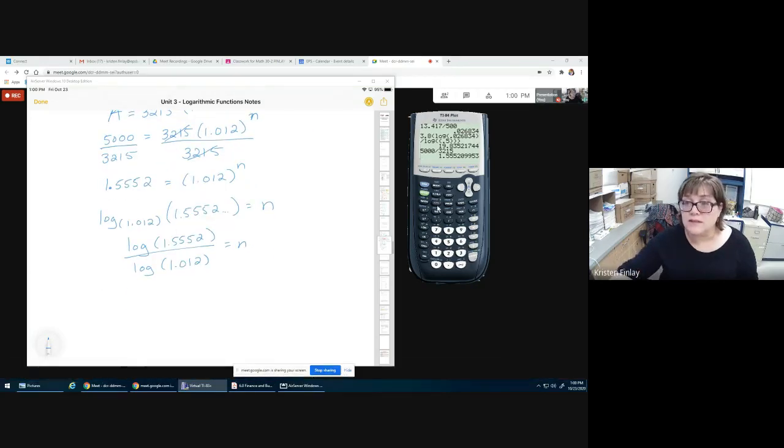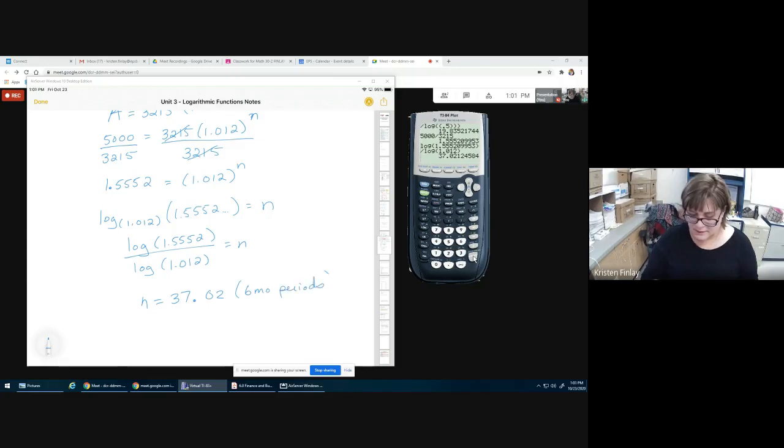So if I do that division, log of 1.55520, I'm going to put the rest of the decimals in because I like them, divided by log of 1.012, and I get 37.02. And now remember, this is 6-month periods, right?